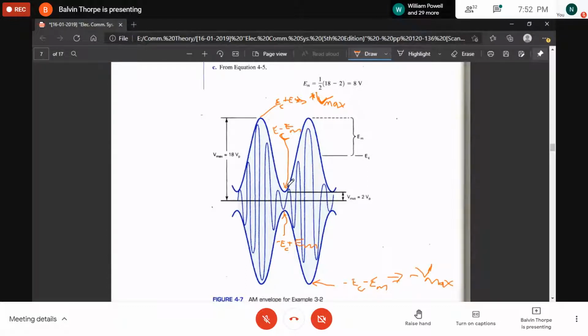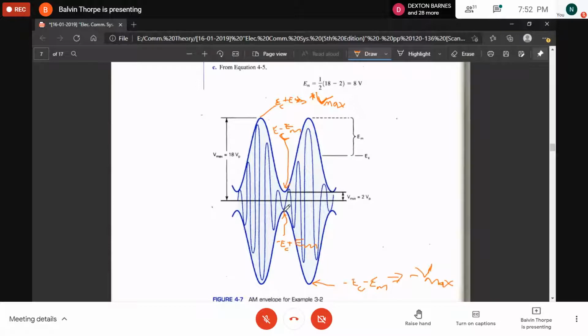While here, this point is a positive minimum V max, and this is negative maximum. See, right here?